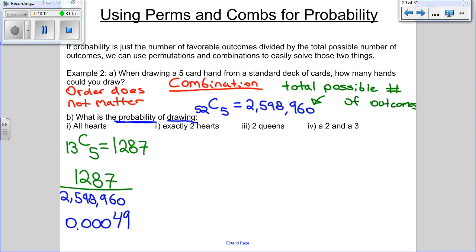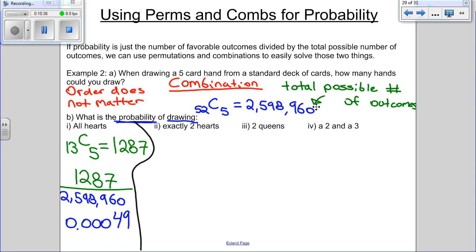Alright, number 2. What's the probability of drawing exactly 2 hearts? This is even a little harder. If I want probability, I want the total number of what I want divided by the total number. The total number of what I want is 2 hearts.